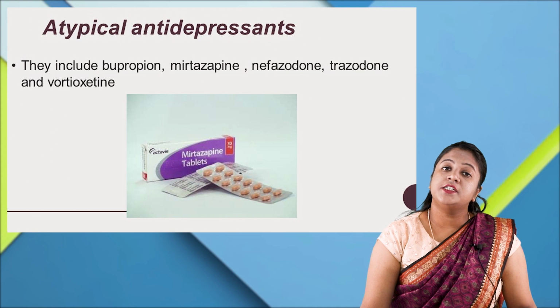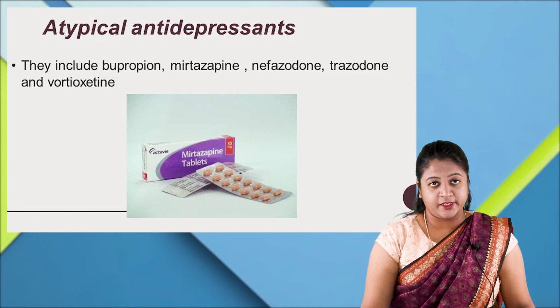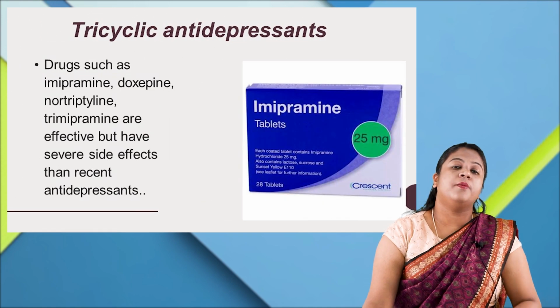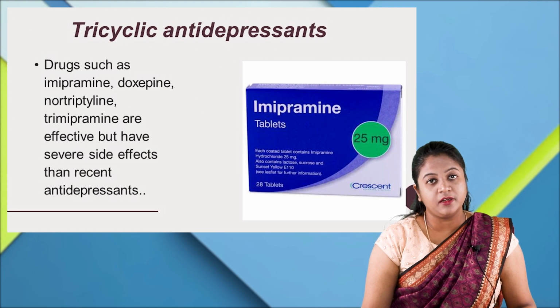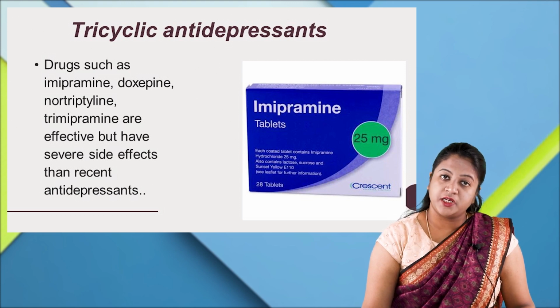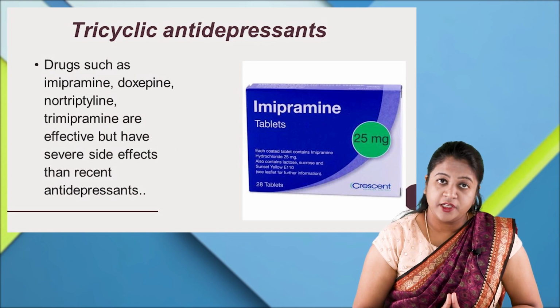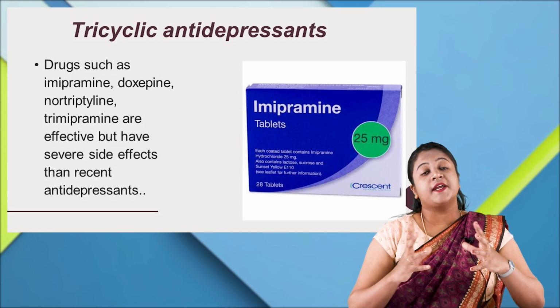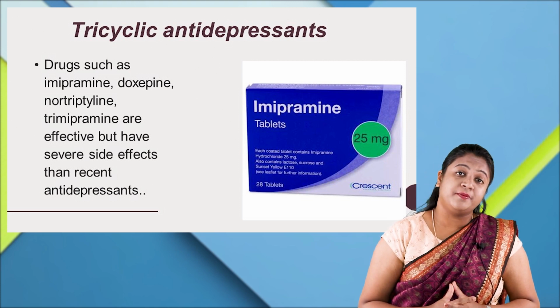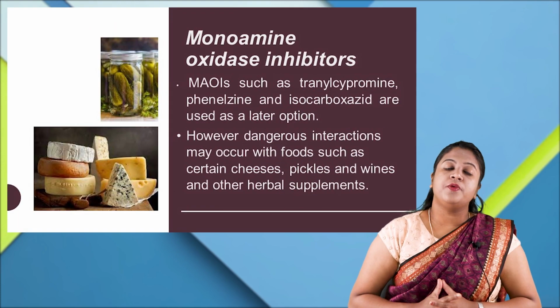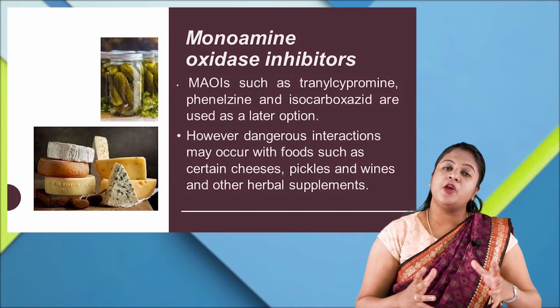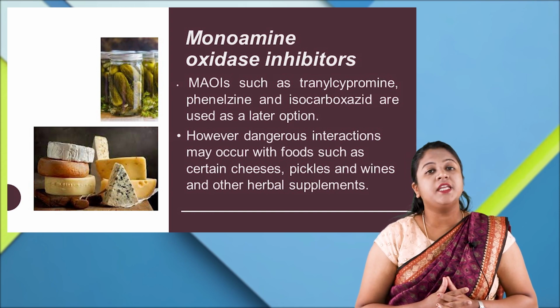If you take the tricyclic group of antidepressants, the drugs which are commonly used are imipramine, doxepin, nortriptyline, clomipramine. These drugs are commonly used as TCAs, but the side effects of these drugs seem to be very severe. The next group of antidepressants are the MAOIs, monoamine oxidase inhibitors.